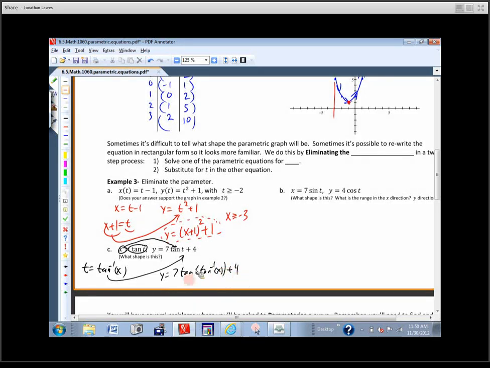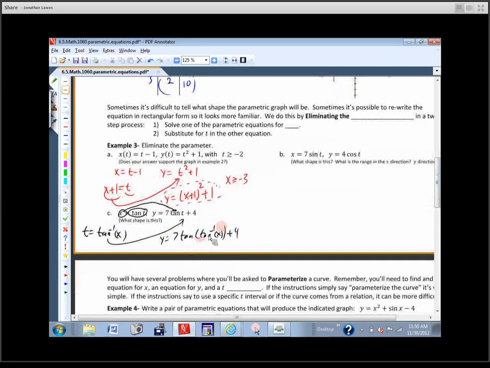And what's the tangent of tangent inverse of x? They undo each other, so you just get an x. So I get y equals 7x plus 4. So this is a really ugly form of this equation in parametric form. It's pretty awful to look at and pretty awful to deal with, but it's just a line. Slope of 7, crosses the y-axis at 4. Okay? A lot easier to deal with rectangular form in that one than it is to deal with parametric form.